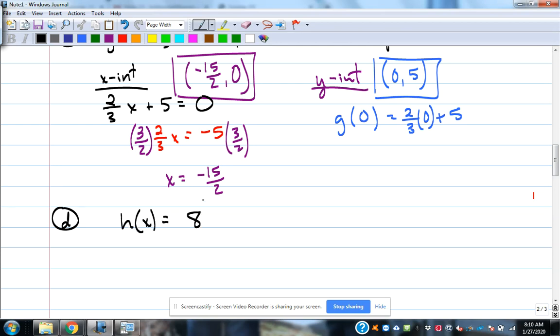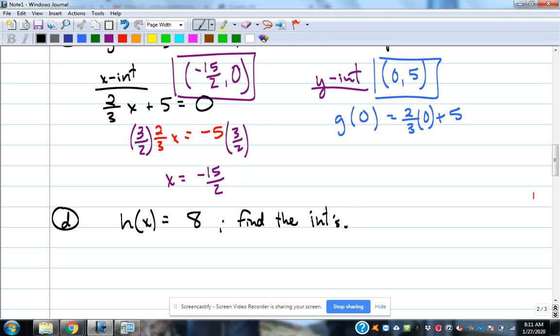It can get a little bit more interesting just because you forget these from time to time. If we had h of x is equal to 8 as my function, and they ask for the intercepts. That was weird, right?